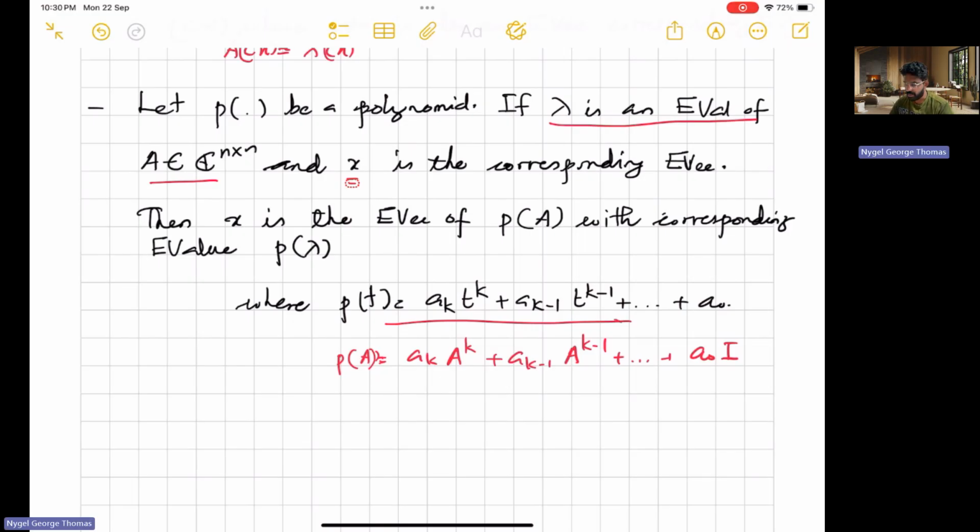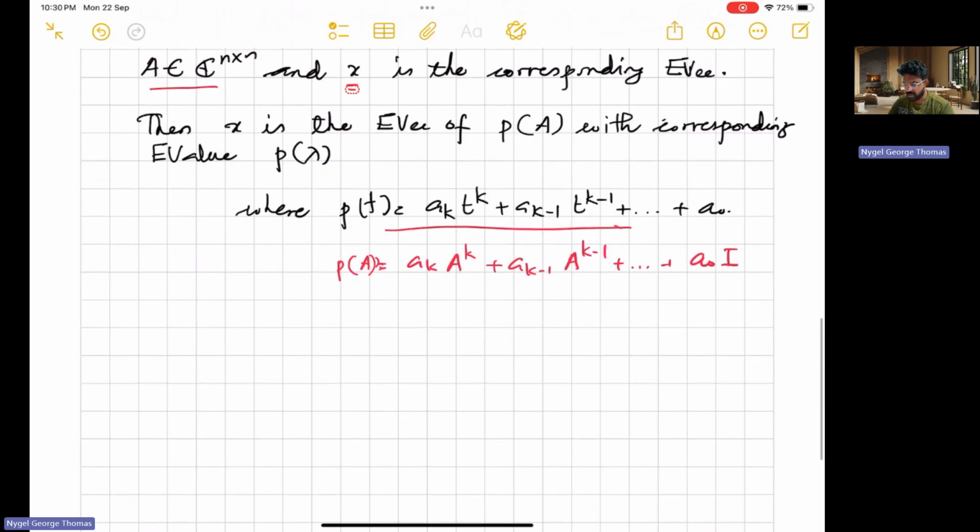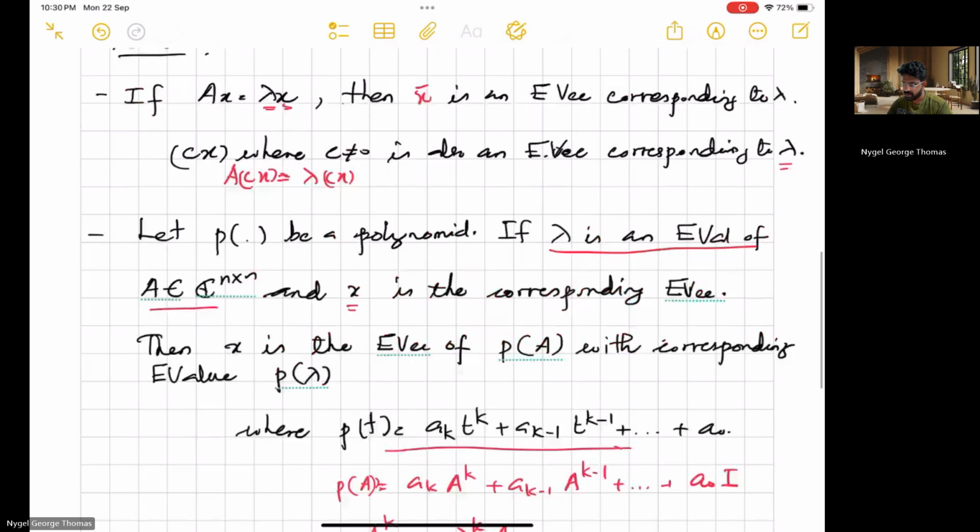It's not too difficult to find. It's actually p of lambda. How can we use that? The equation you can use is A raised to k into x is equal to lambda raised to k into x. This is the basic thing we're using here. Using this, you can easily show that p of lambda is the eigenvalue of p of A. Okay, let's end the discussion.